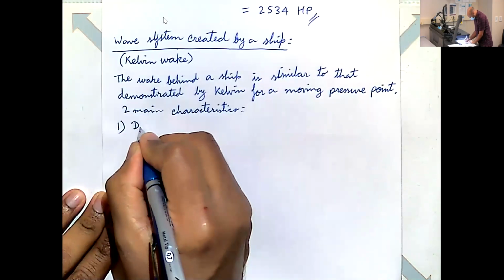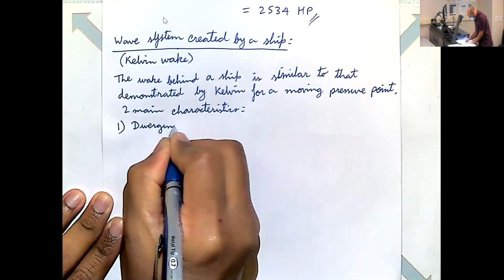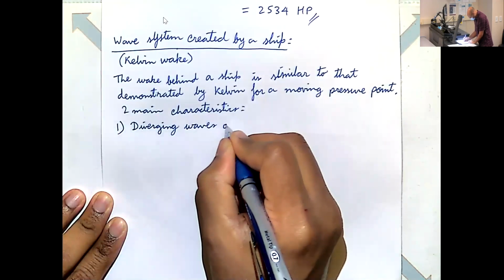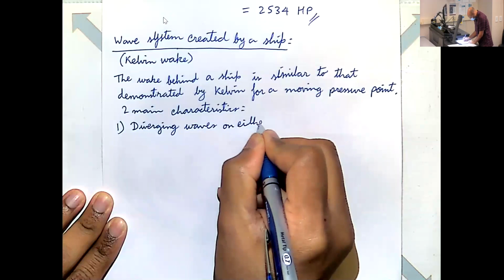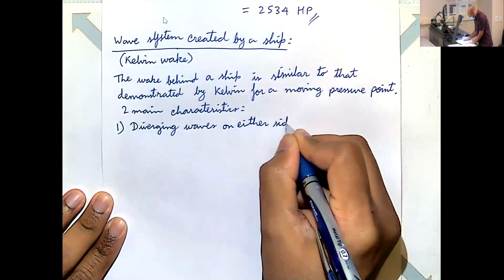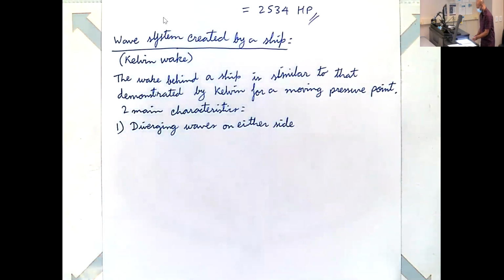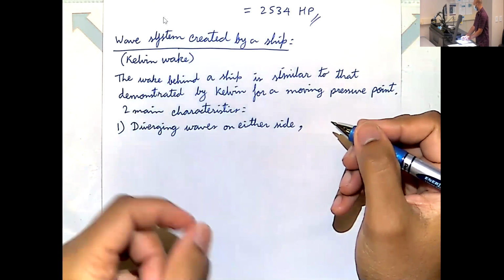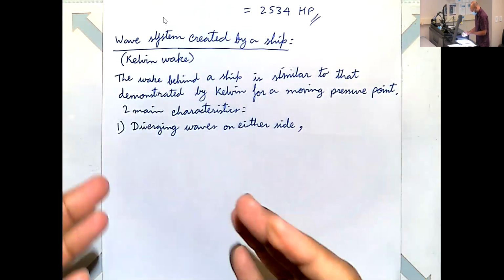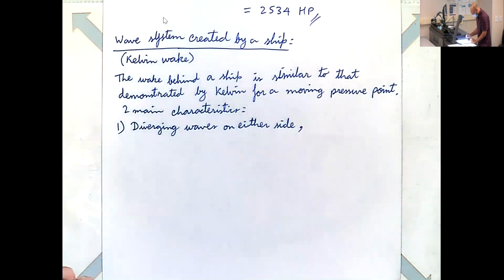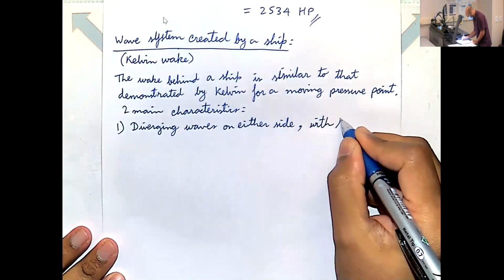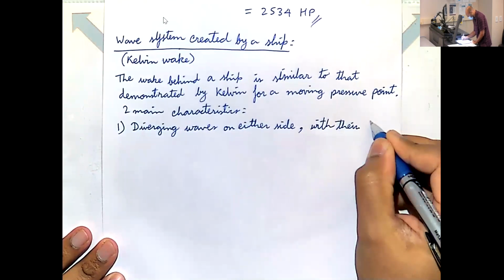you get diverging waves, and he showed that the crests of these waves would be inclined in a given range of angles.